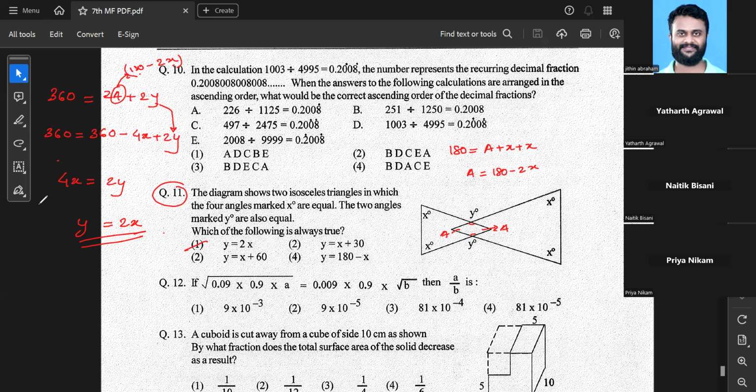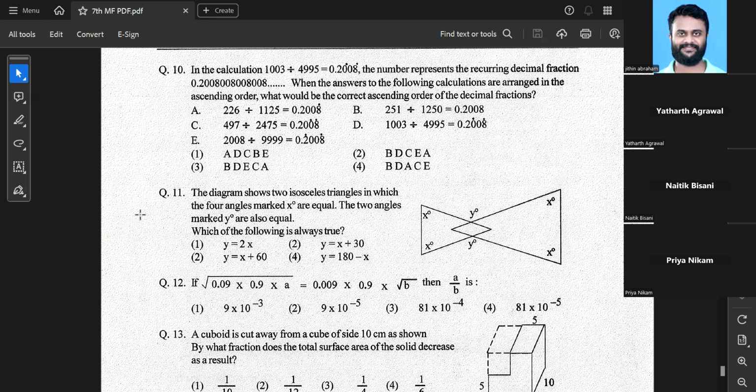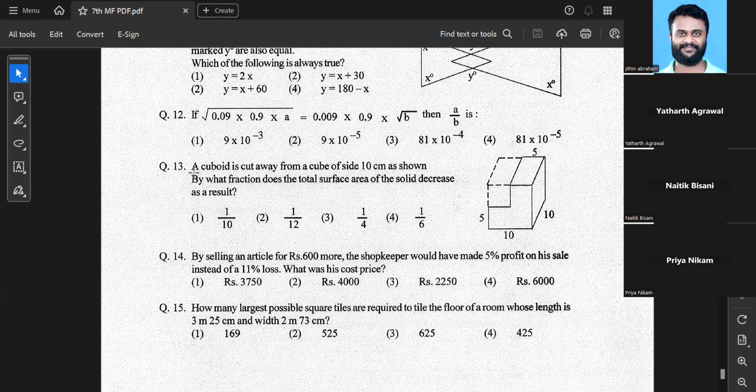Proceeding further, what we are left with is problem number 12 to 15 of this paper. I am giving these four problems as homework to you from this paper. I had doubts in a few of these. Doubts you can just mark. We'll discuss them during the doubt solving session.